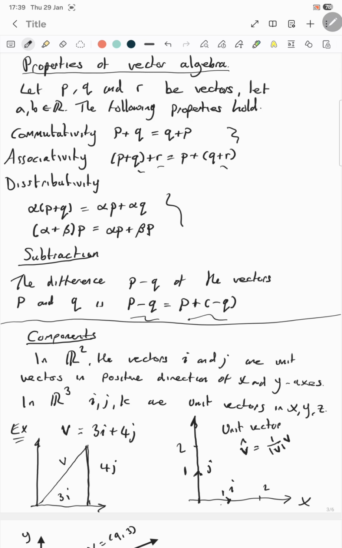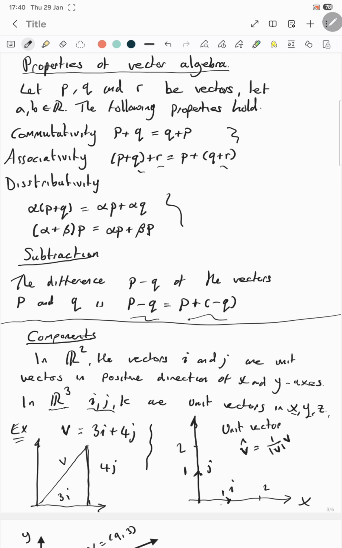Now the components of a vector in R squared, which is our reals plane: the vectors i, j are unit vectors in the positive direction of the x and the y axis. In R3, our cubic volume, should I say, we have elements i, j, k, our unit vectors in the x, y, and z direction.